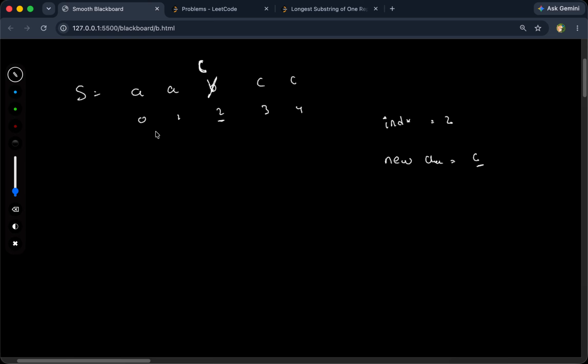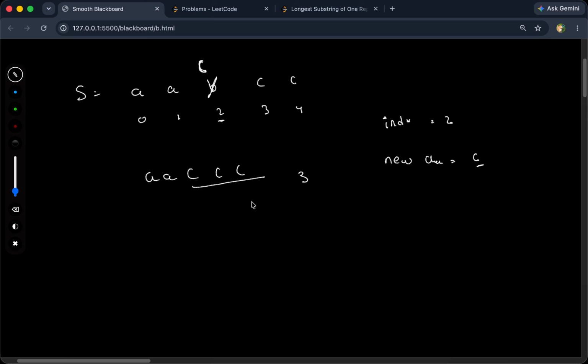Before we update, it looks like a b c c; after we update, it looks like a c c c. Now the longest group is c, so the answer after this update is 3.